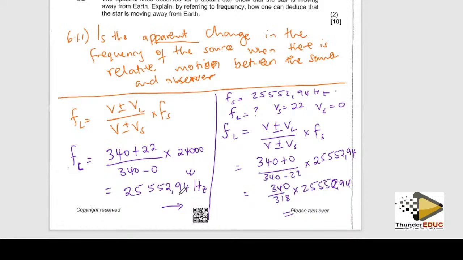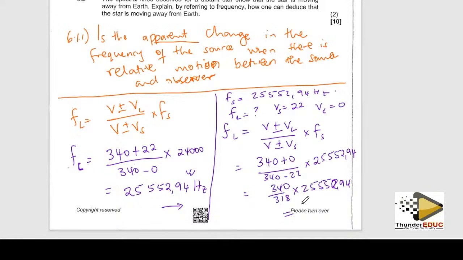340 over 318 times 2 5 5 2,94. Is it going to make sense though? Let me try and get 2 decimals.